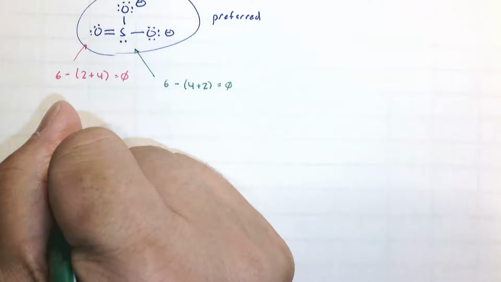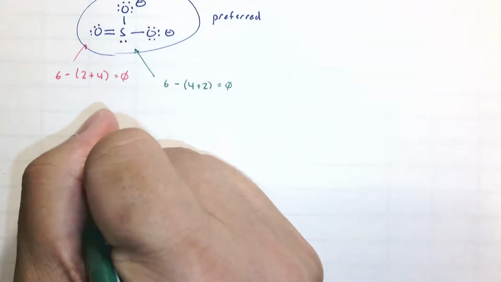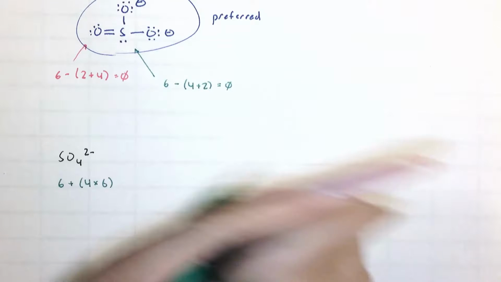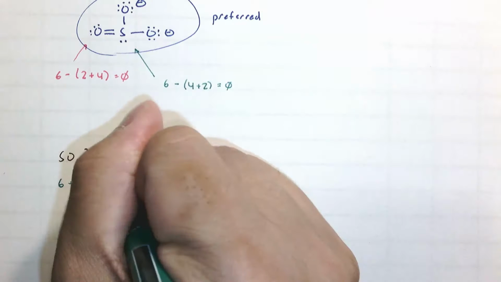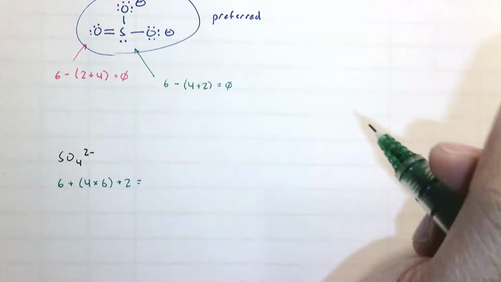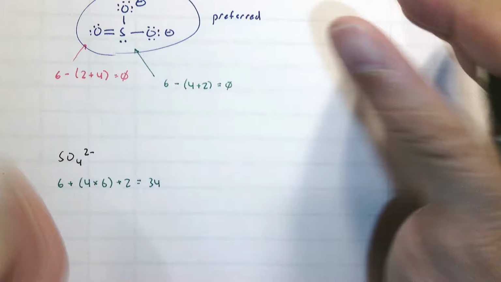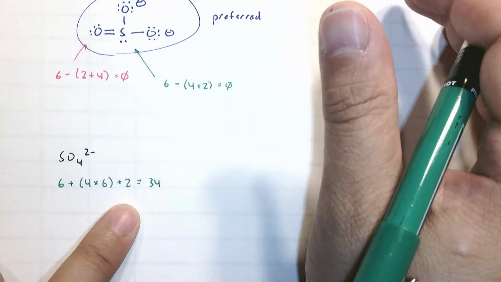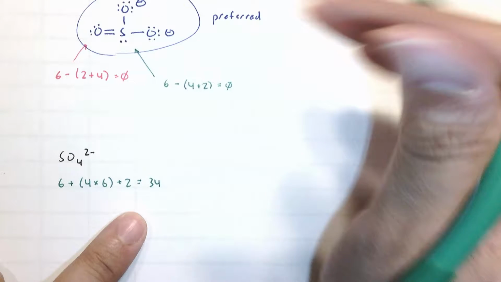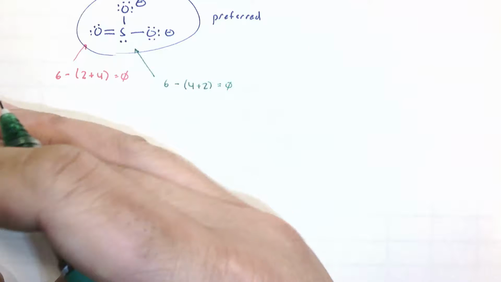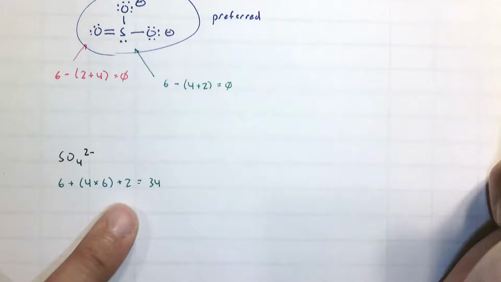How many valence electrons? 6 plus 4 oxygens that each have 6 valence electrons plus 2. 32, 34. Really double check because if you're trying to aim for the wrong number of valence electrons, it's going to drive you nuts when you draw the structure.